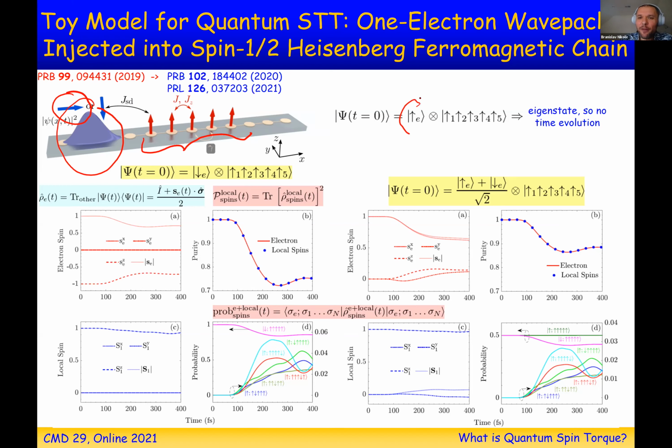And if you inject up electron onto up spins, of course, nothing happens because this is an eigenstate, and eigenstates do not evolve in quantum mechanics. But if you inject down spins onto this collection of localized up spins, then you're going to see dynamics. And the dynamics is very strange because what happens in this situation is that localized spins are changing, but they are not moving away from the z-axis.